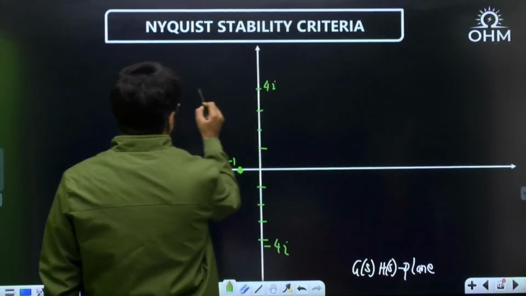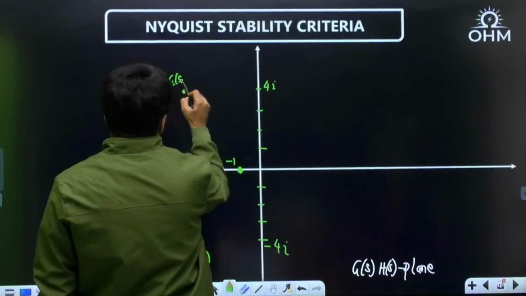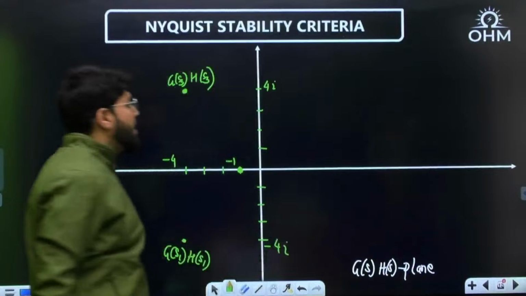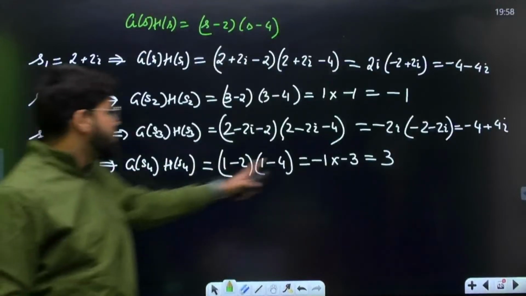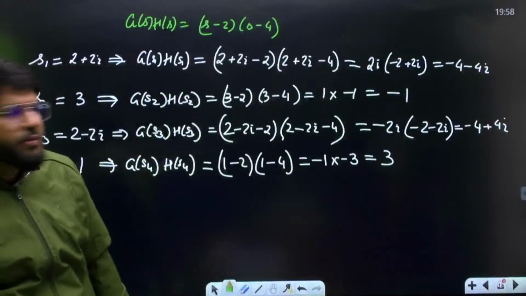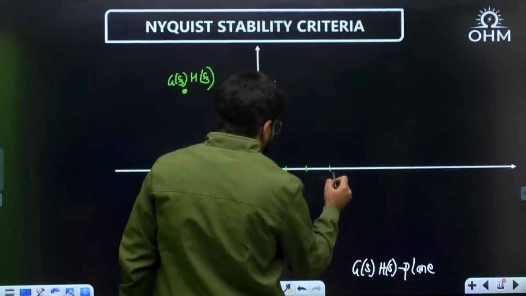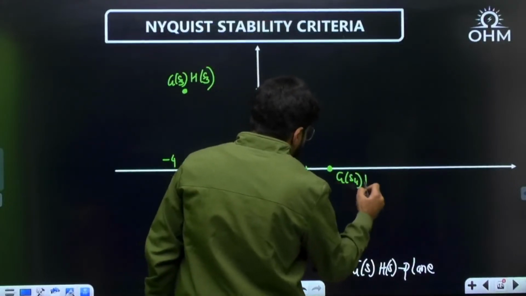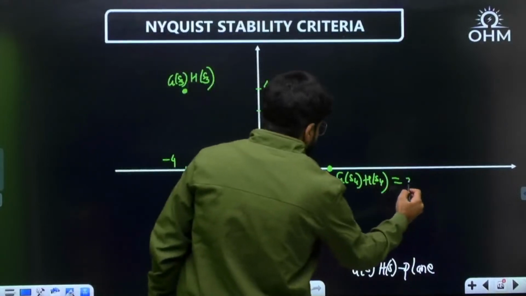So let's say this is approximately the value G(S3)H(S3). And the last value, G(S4)H(S4), is equal to 3. 1, 2, 3. This is G(S4)H(S4), equal to 3.